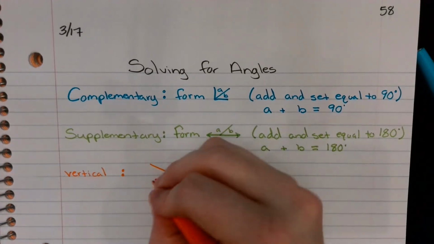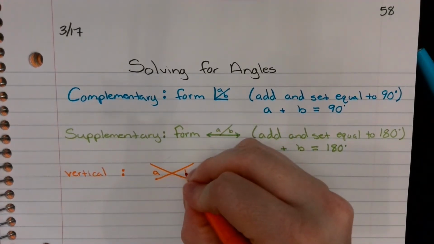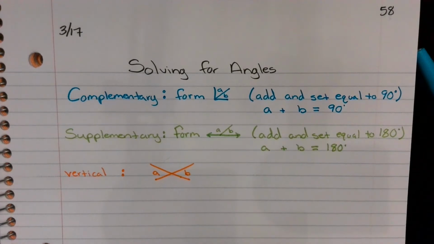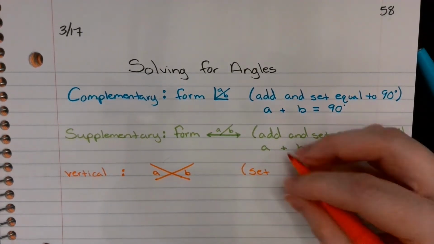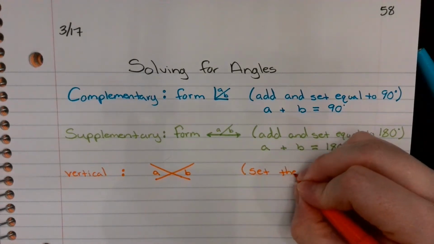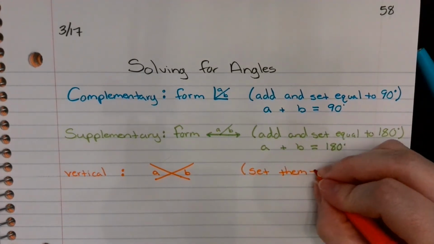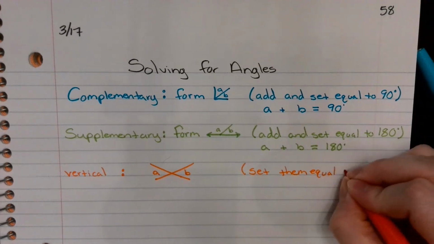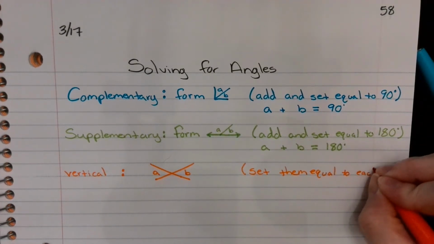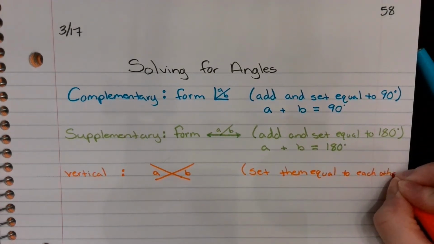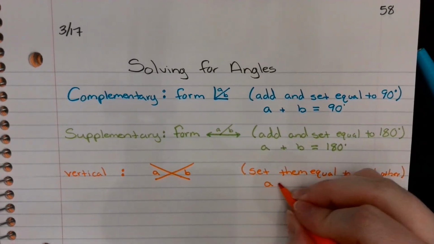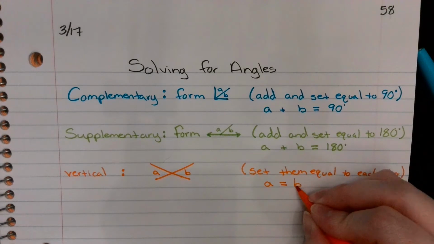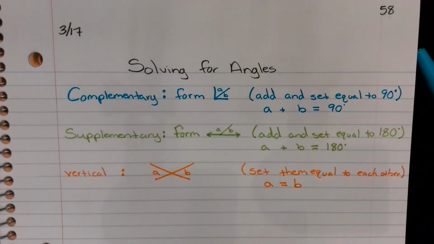Maybe this might be A and this might be B. But with vertical angles, the important thing to know is that they're supposed to be equal, so you just set them equal to each other. So in this case, A is just going to equal B, and then you can solve.